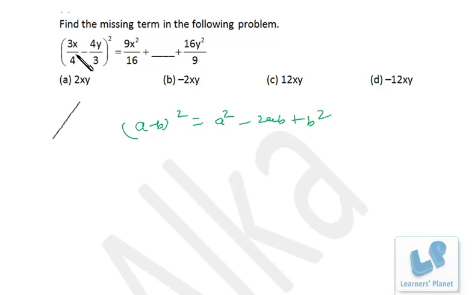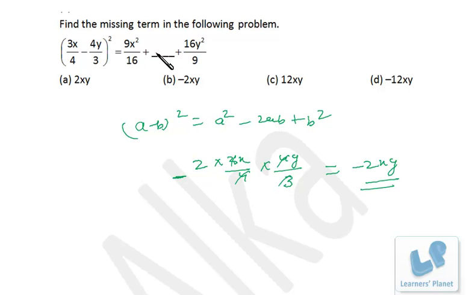So that's actually this into this, right? And it will be in negative. Okay, so 3 and 3 is cancelled, 4 and 4 is cancelled, so that's minus 2xy, right? So what will come over here? Minus 2xy.